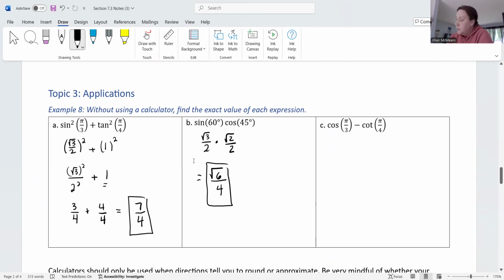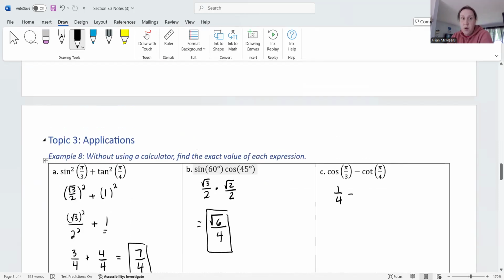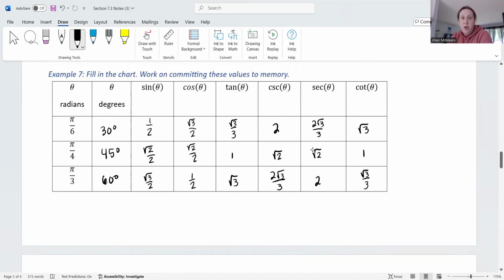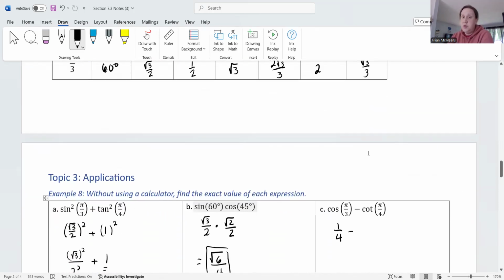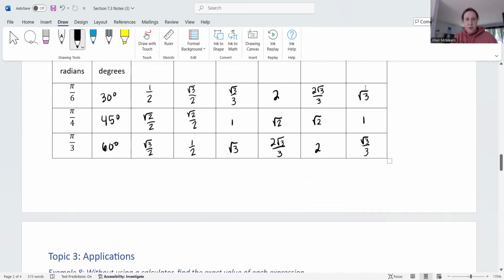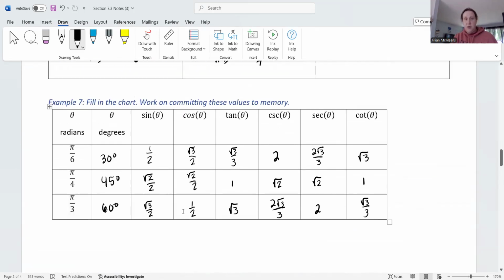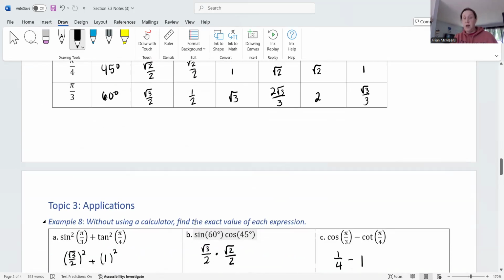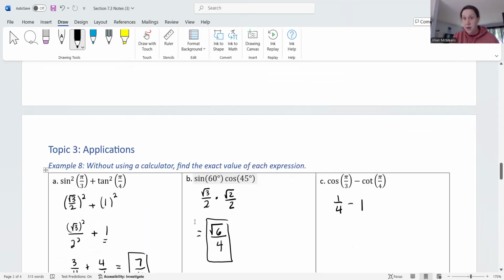We want to subtract cotangent of pi over 4, and for pi over 4 cotangent, we just get 1. So we want 1/2 minus 1. Right here we have pi over 3. Cosine of pi over 3 is 1/2. Okay, so we're going to say this is 1/2.